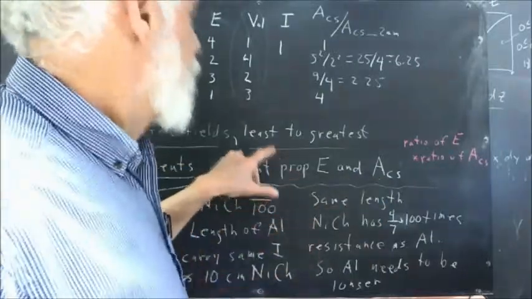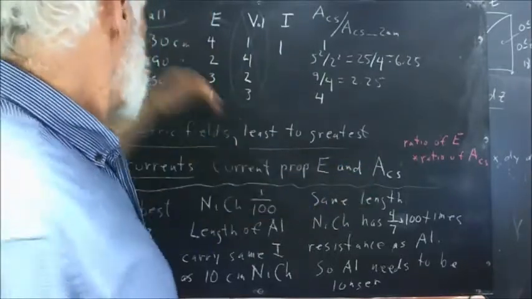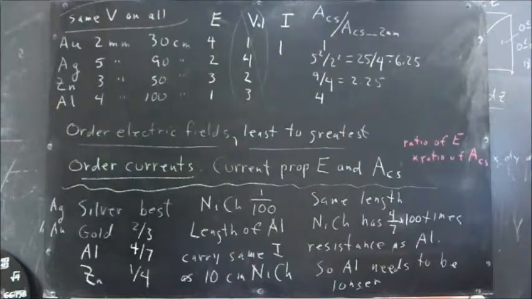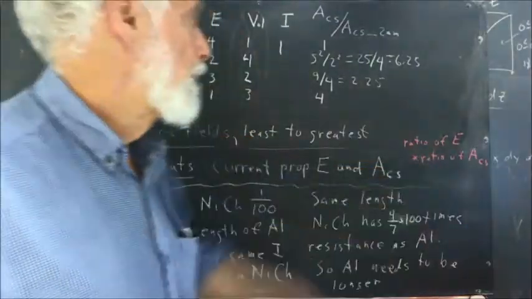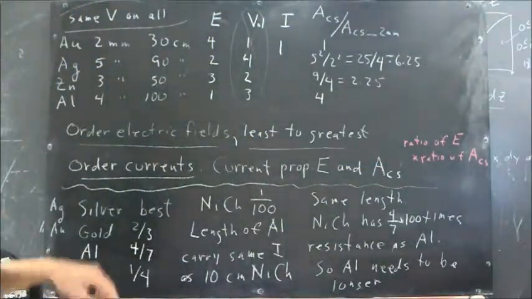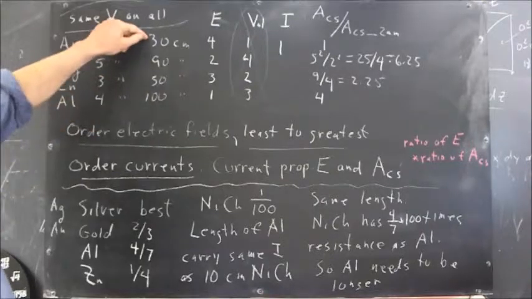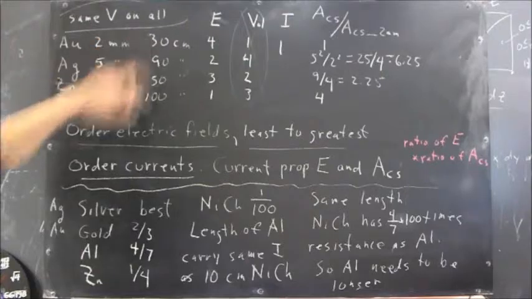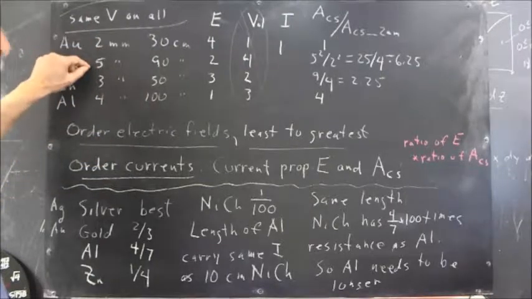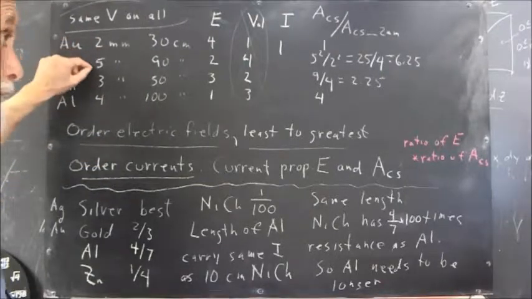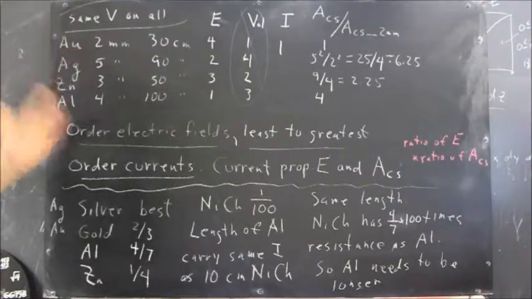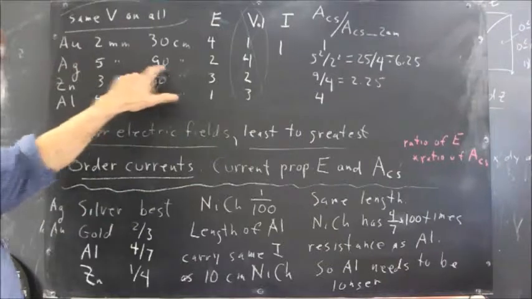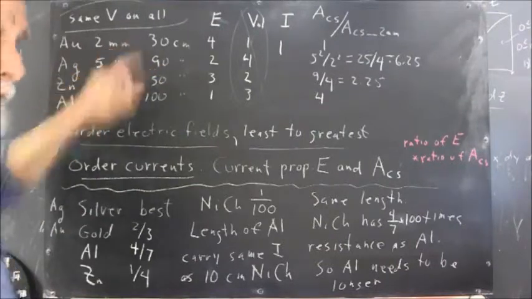So to get the comparison between 2 wires, we multiply the ratio of the electric fields by the ratio of the cross-sectional areas. The ratio of the electric field between this and this is 1/3. This has 1/3 the electric field of this, but this has 6 times the cross-sectional area. So when we multiply that out, we've got something like 6 times 1/3. This will carry about twice the current as this one.